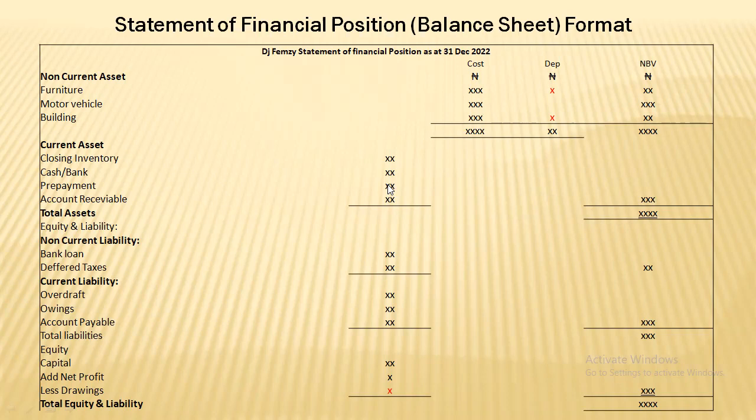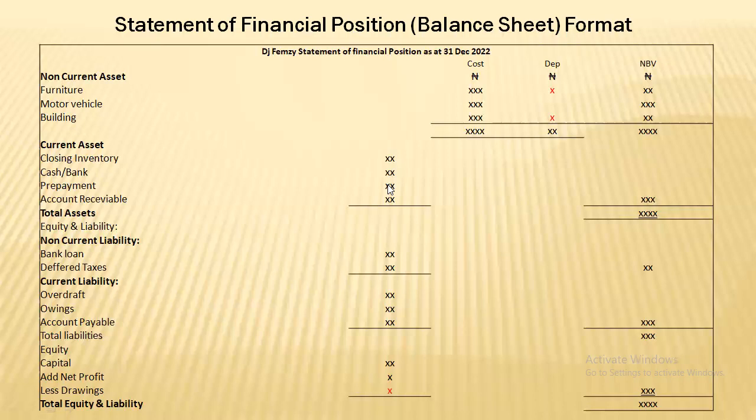Now, the next step will be to determine our equity and liability. For non-current liability, we might have a bank loan that extends beyond one accounting year. We might also have deferred taxes. All these deferred taxes represent taxes by an organization or an individual that have been carried to another period.